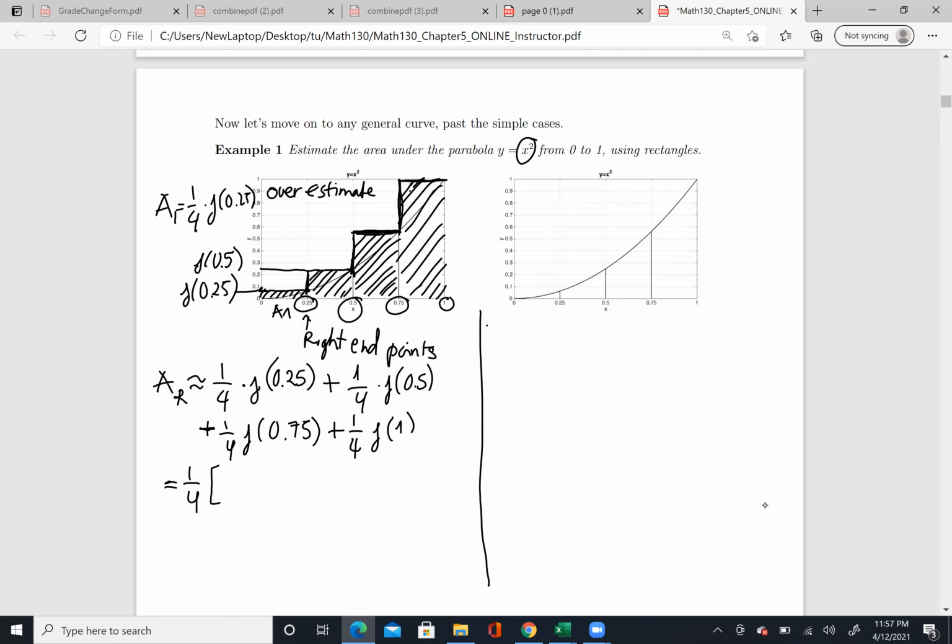I'm going to expand it: 1 squared plus 2 times 1 for the first value, and then plus the second one, 2 squared plus 2 times 2, where k is 2, and then plus 3 squared plus 2 times 3.